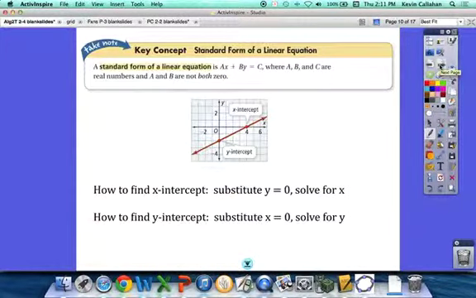Okay, the other form of a line that we learn is called standard form. And standard form is this right here: Ax + By = C, where A, B, and C are all real numbers. What's particular about this form is the x term and the y term are on the left, the constant is on the right.